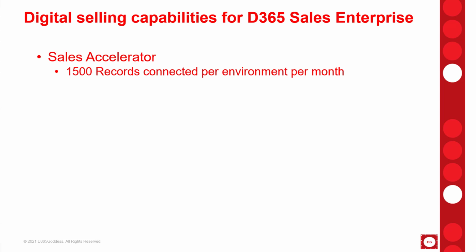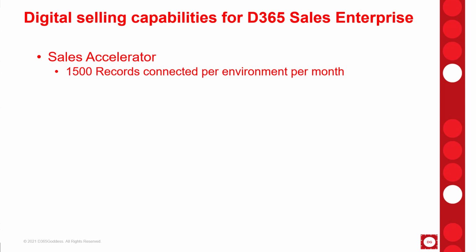So not on a per user basis. This is for the entire environment. Now, since Dynamics 365 Sales Enterprise customers are usually smaller than Dynamics 365 Sales Premium customers, this could be enough for them, right? So I want you to keep that in mind as well.